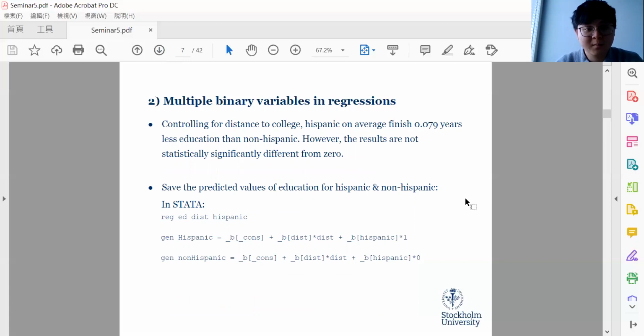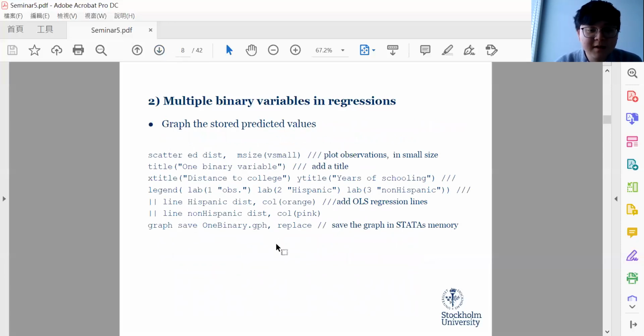Then you save the predicted values for Hispanic and non-Hispanic. I think you are also familiar with this. You run the regression first, then generate the Hispanic value and then the non-Hispanic value. Then this is how you graph the stored predicted values. To graph the values, you can use scatter or twoway.